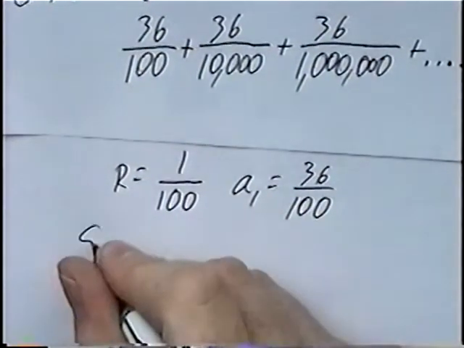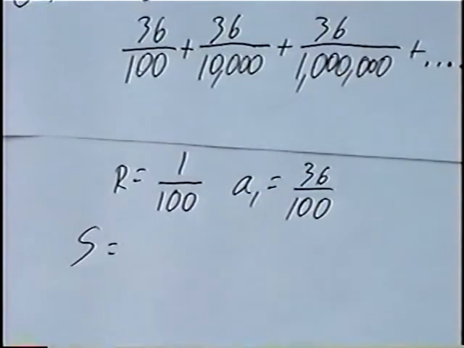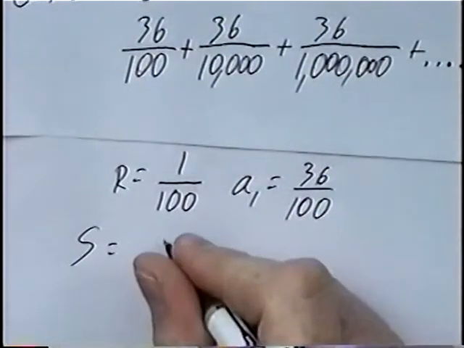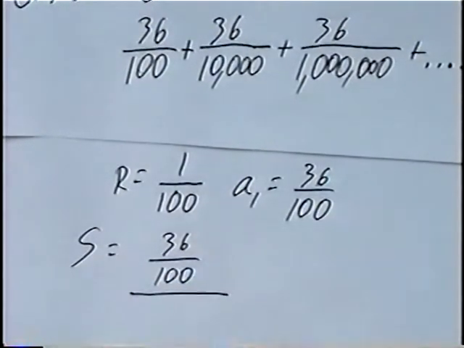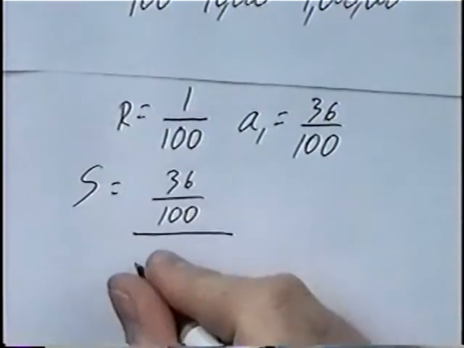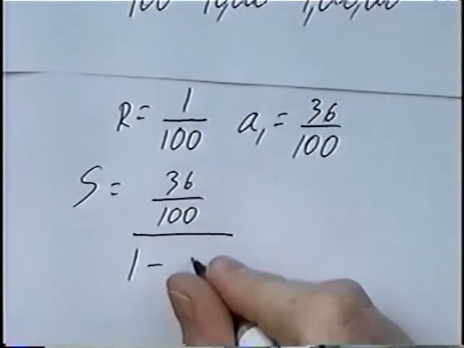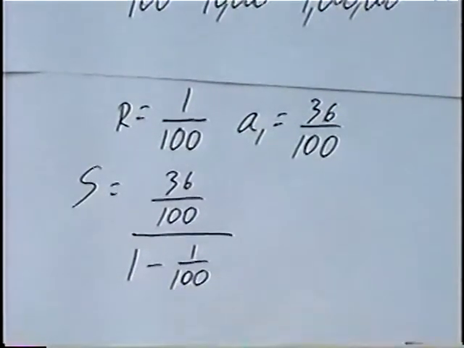Using the formula again, find the sum of an infinite geometric sequence. Starting with A1, which is 36 over 100, and dividing by 1 minus the rate, which would be 1 minus 1 over 100.